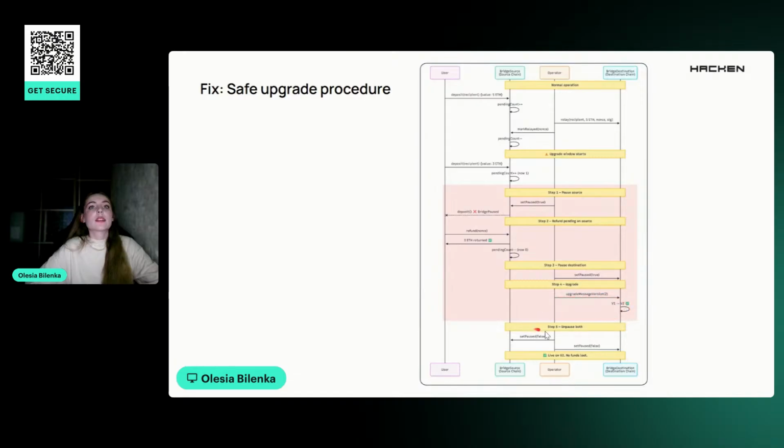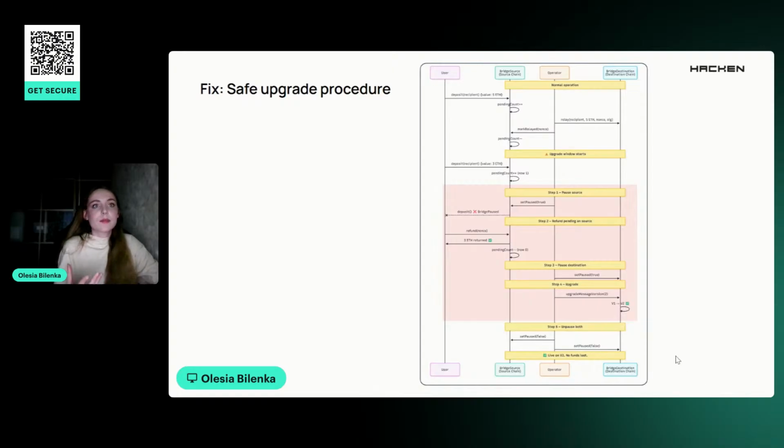Then no funds lost, and the upgrade is safe. So the key insight here is this is an operational runbook, not just a single cross-chain call. The contract enforces pause before upgrade, and the rest is the operator's responsibility.